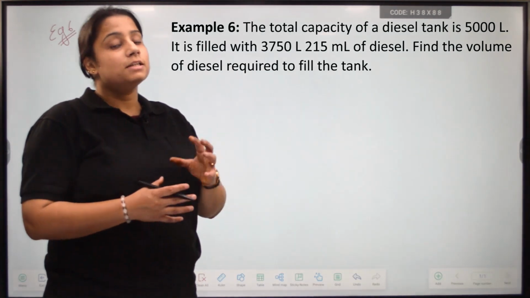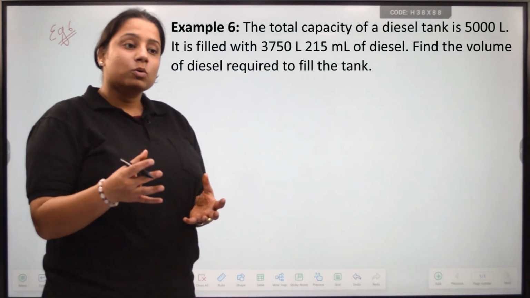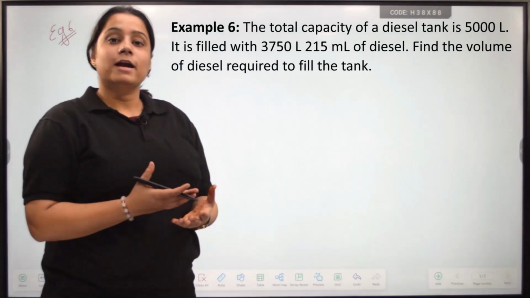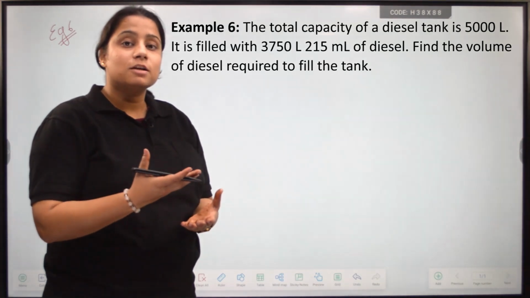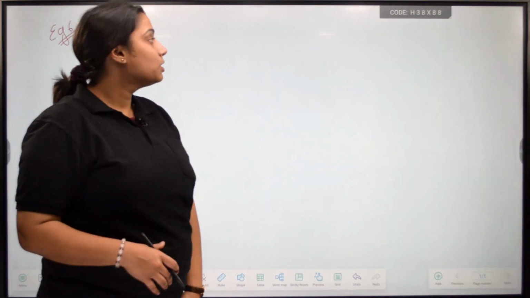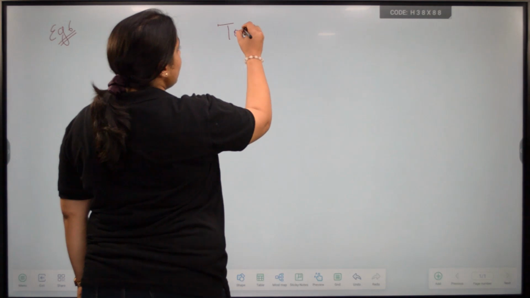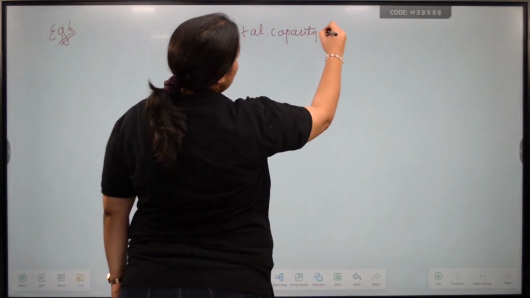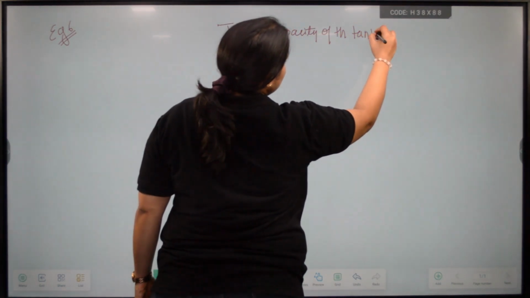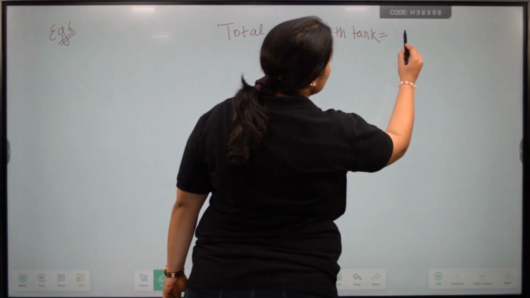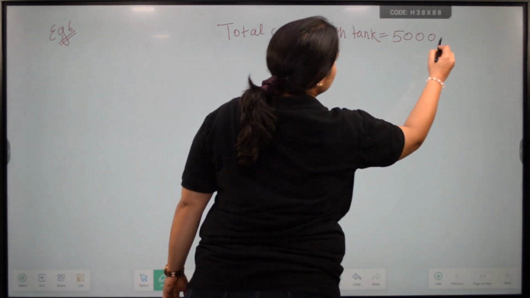Example 6. In this question, we have been given the capacity of a diesel tank. It is filled with some amount of diesel and we need to find the volume of diesel required to fill the tank. So the total capacity of the tank is equal to 5000 liters.